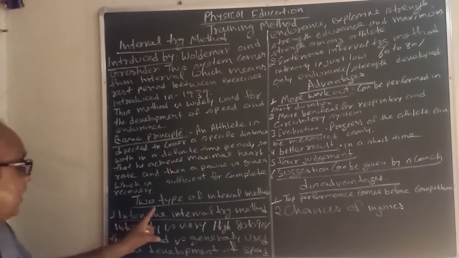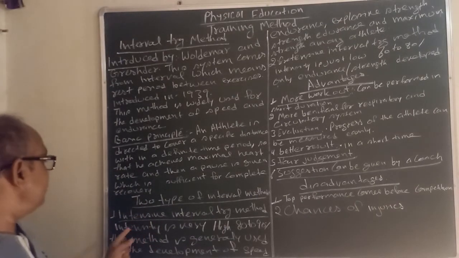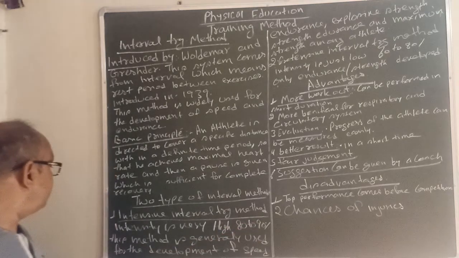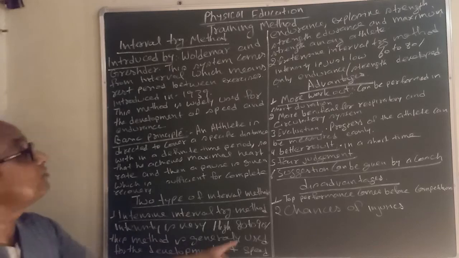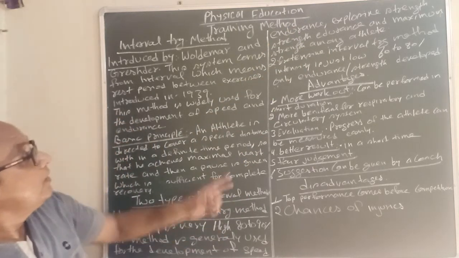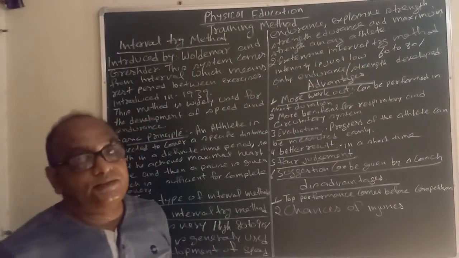And there are two types of interval training method. Number one is intensive. Here intensity is very high, 80 to 90%. And this method is generally used for the development of speed, endurance, explosive strength, strength endurance and maximum strength among athletes.